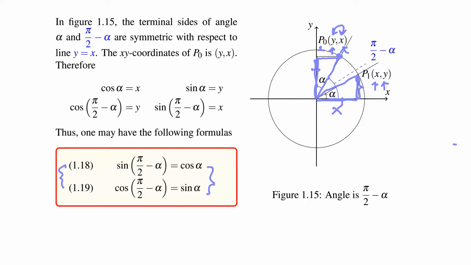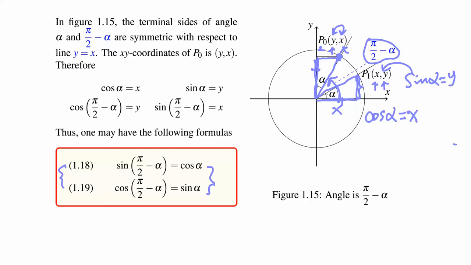Okay, but we know cosine alpha is x. Sine alpha is y. Now, for this point, how large is this angle? Which is pi over 2 minus alpha.